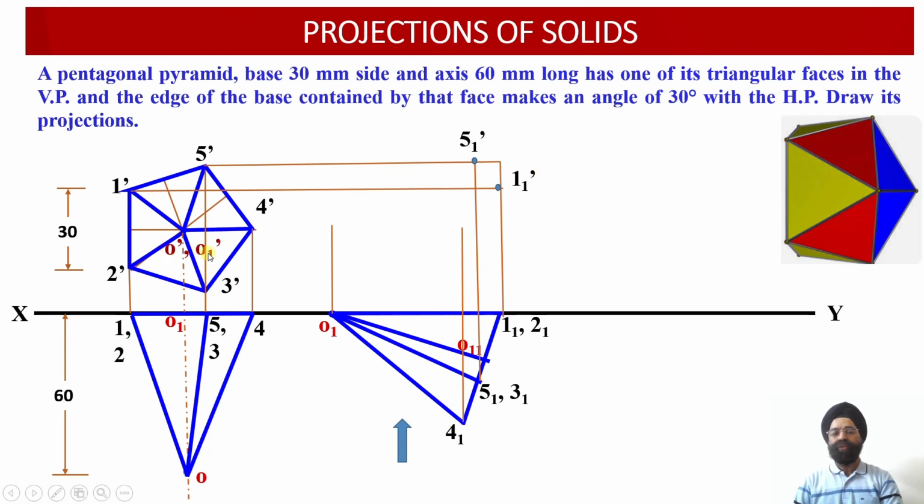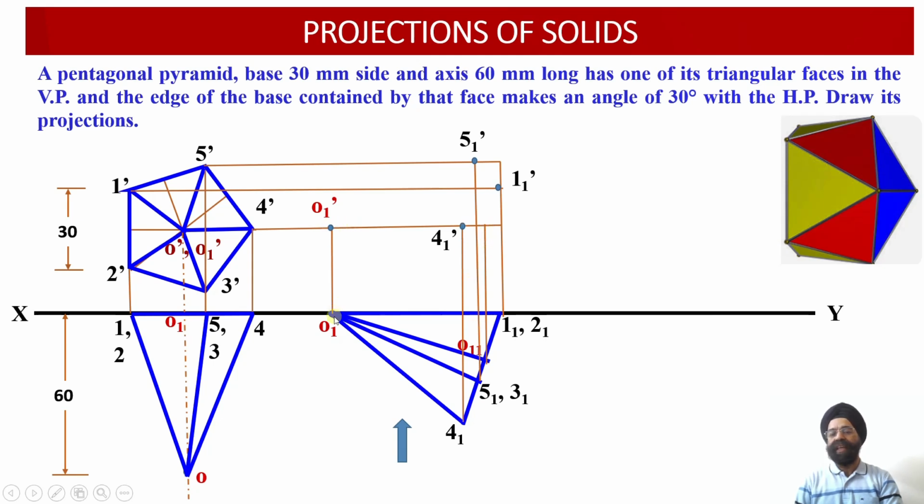Next we have got 3 points, O dash, O1 dash and 4 dash over here. Through these 3 points, now we are going to draw another horizontal projector line. Wherever the horizontal projector line drawn through these 3 points, O dash, O1 dash and 4 dash, intersects with the vertical projectors drawn through the points O1, 4, 1 and O1, 1 over here, the 3 points we are going to obtain.